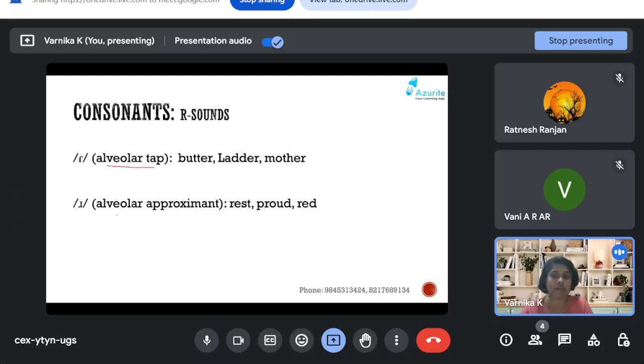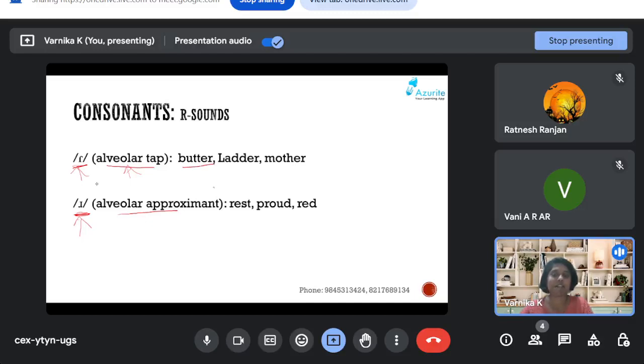It's called the alveolar tap and the alveolar approximant. You don't have to remember these big names. Just remember the symbols so you can use them in IPA while learning pronunciations.